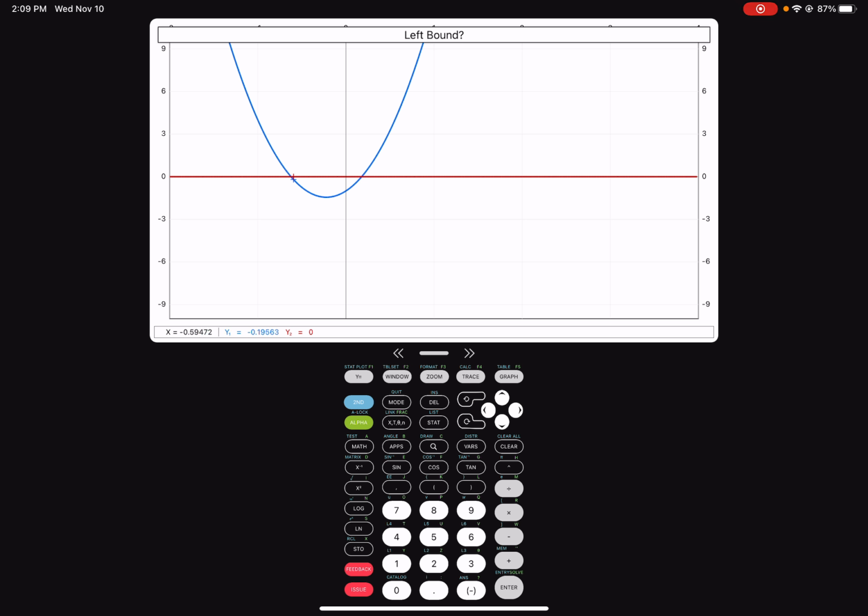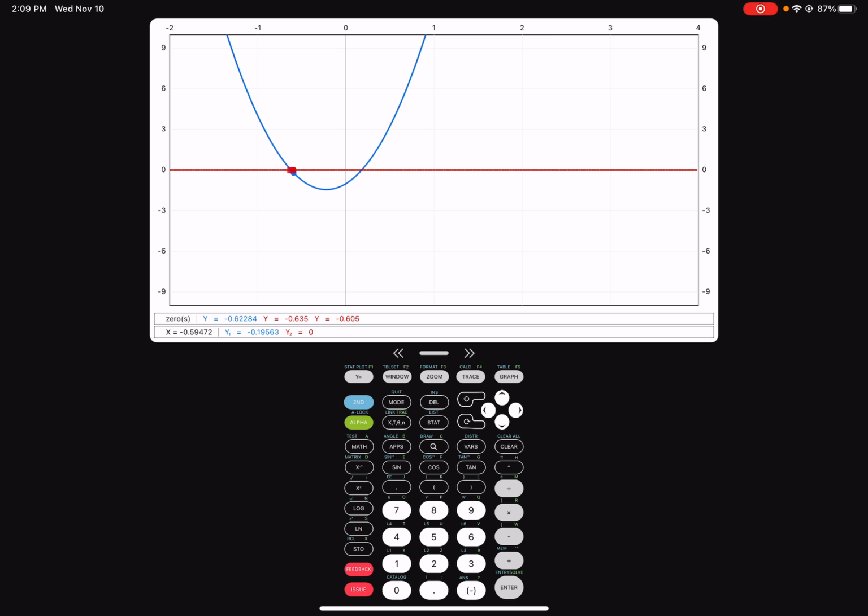I feel like it doesn't work very good. Oh, it wants me to left bound and right bound. Okay, so my 0 is at about -5.94. Am I comfortable with that number? That doesn't seem close enough.